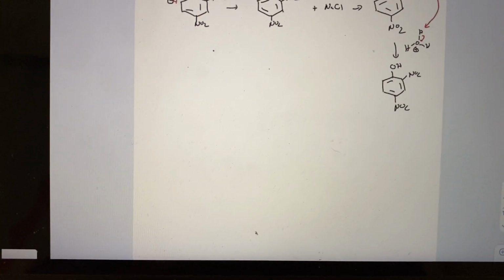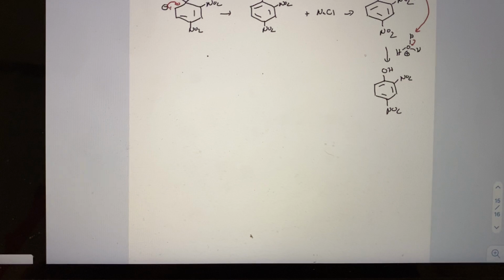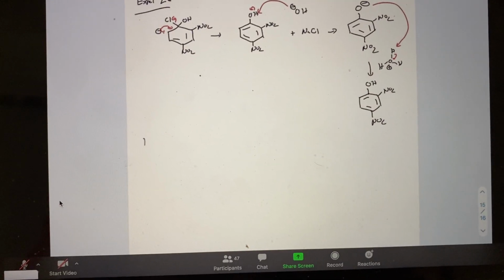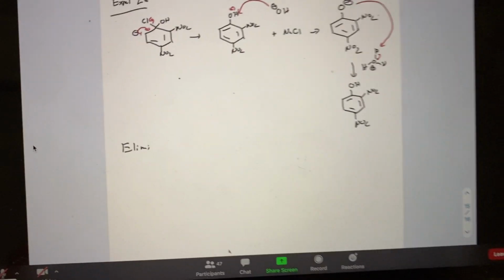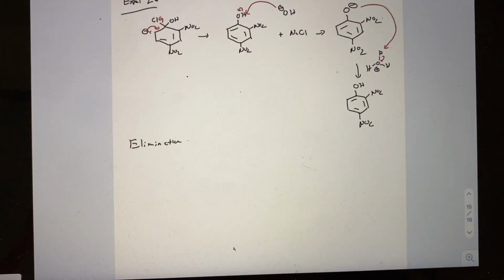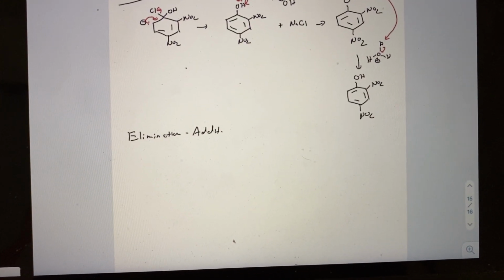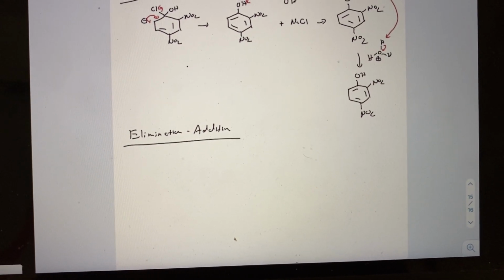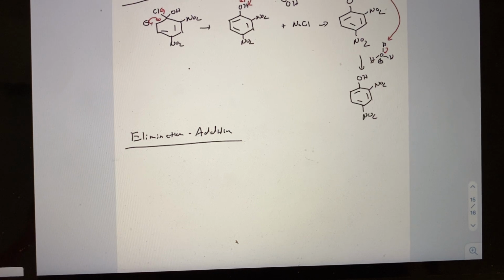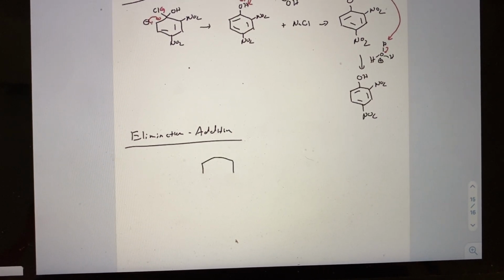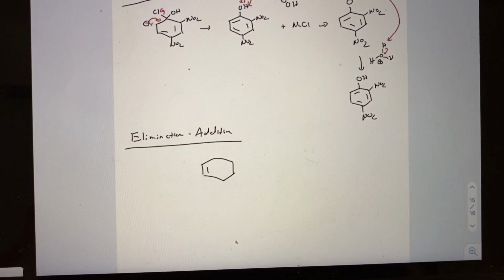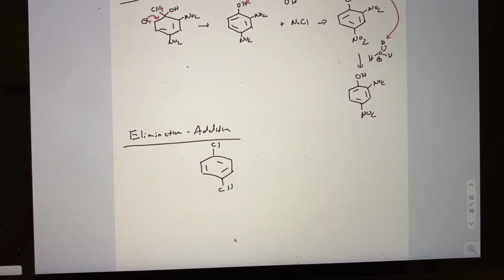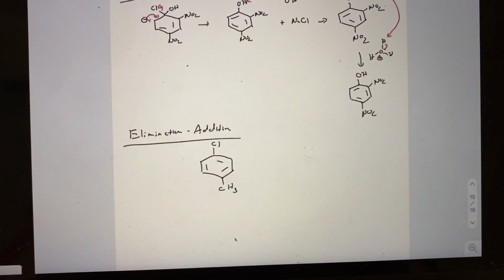Okay, so now let's try elimination addition. And this one here, the observation is that you can take a benzene ring with a leaving group, like a chloro, and put a methyl group down here to keep track of things.